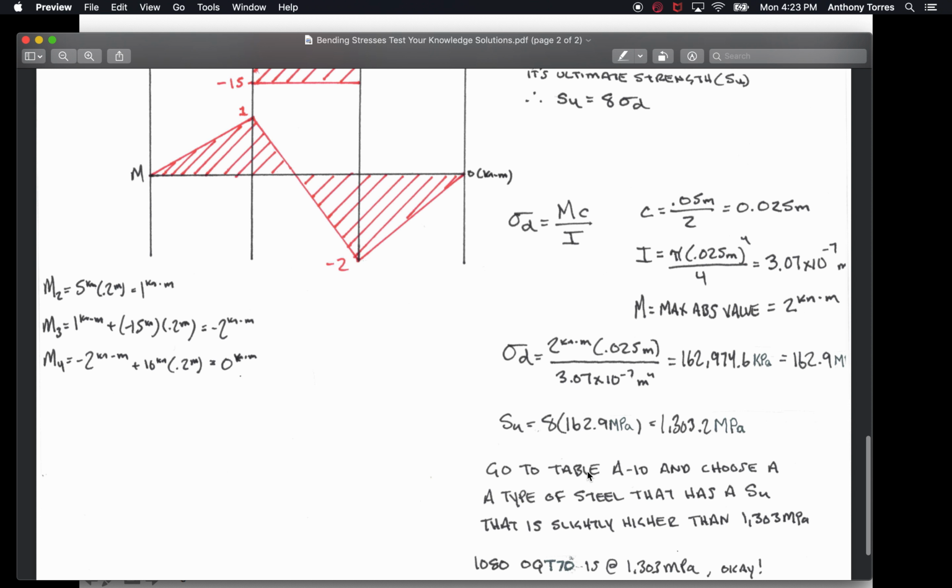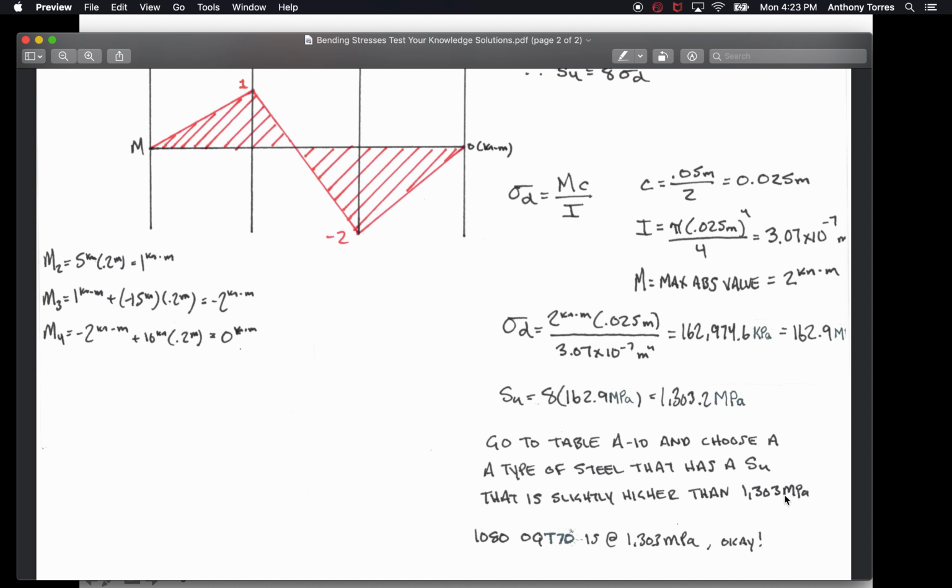So I go to table A10 and choose a type of steel that has an ultimate stress, Su, slightly higher than 1303. You don't want to choose just anything that's higher than this, because something that has 5,000 megapascals is definitely going to work, but it's going to be big and bulky.